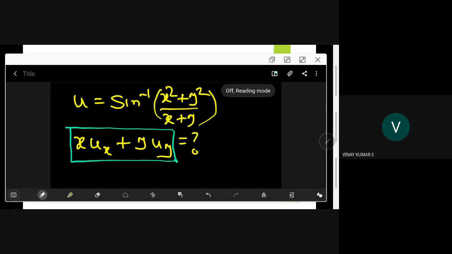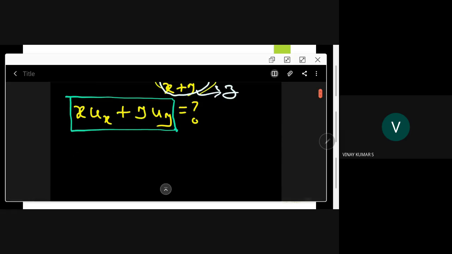Observe one thing. If you look at this part, say I call this part z. So z is a function of x and y. You can call it z. Now, if you call it z, my question is, is z a homogeneous function?